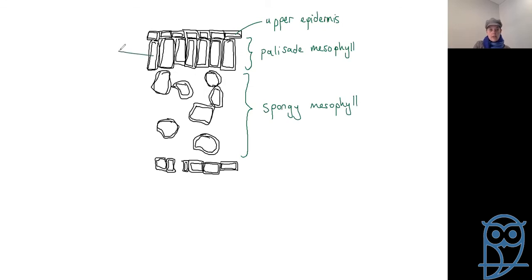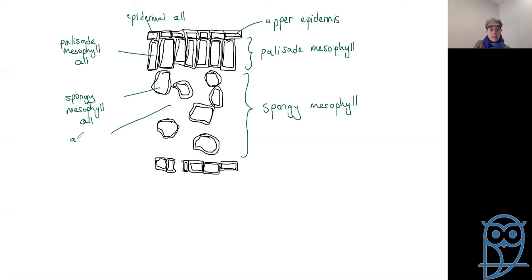So here, this is a palisade mesophyll cell. This is an epidermal cell. These wobbly, funny-shaped ones are the spongy mesophyll cells. And this gap here is actually an air space.